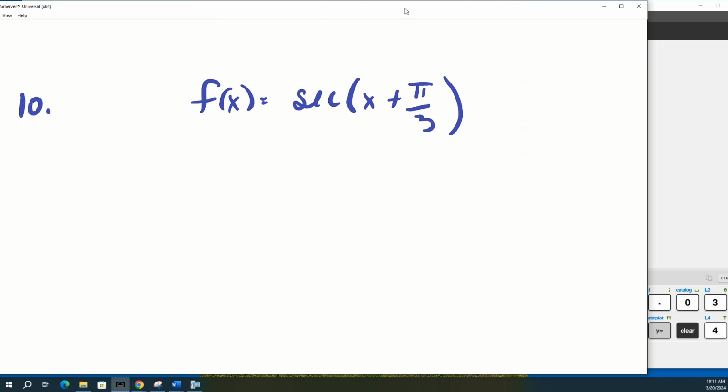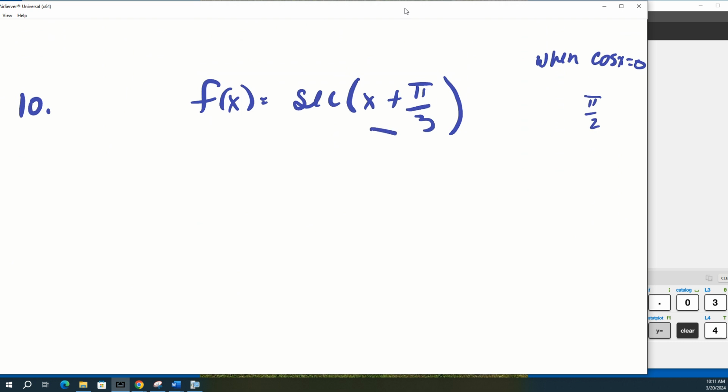Secant is going to have a vertical asymptote when cosine is 0. All right, so then if you're looking at the unit circle, cosine is 0 a couple of places. The first one that you see is pi over 2.